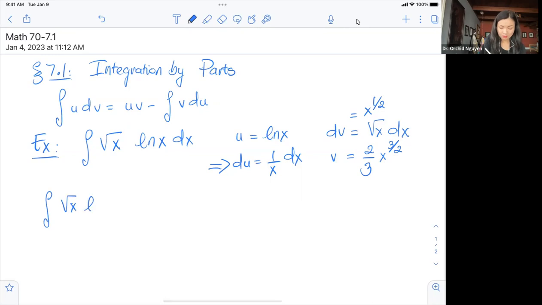So the original is going to turn into uv.